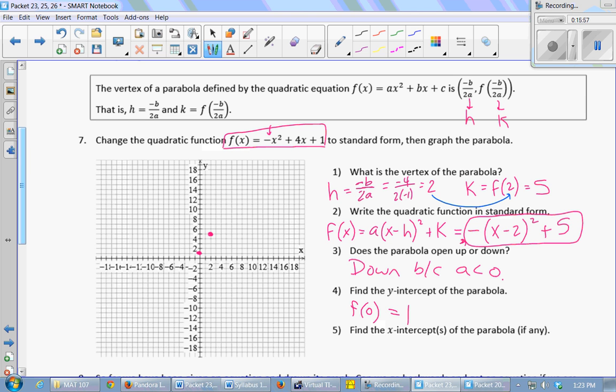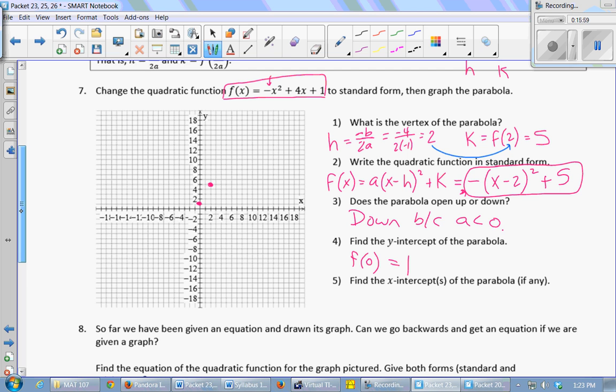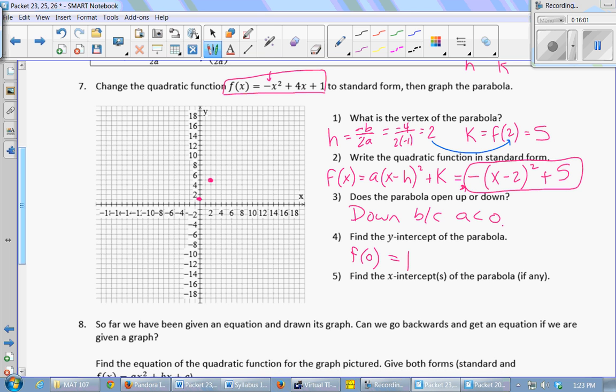And then my x-intercepts I get by setting either equation equal to 0. So if I used this one, I'd have 0 is equal to negative x squared plus 4x plus 1, and I could factor or use the quadratic formula. Let's use the quadratic formula real fast.